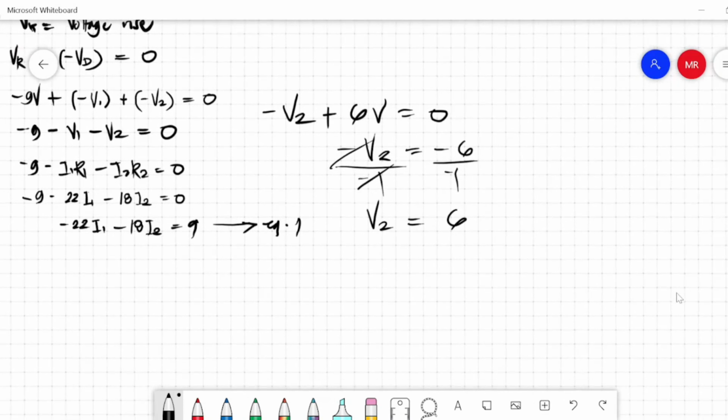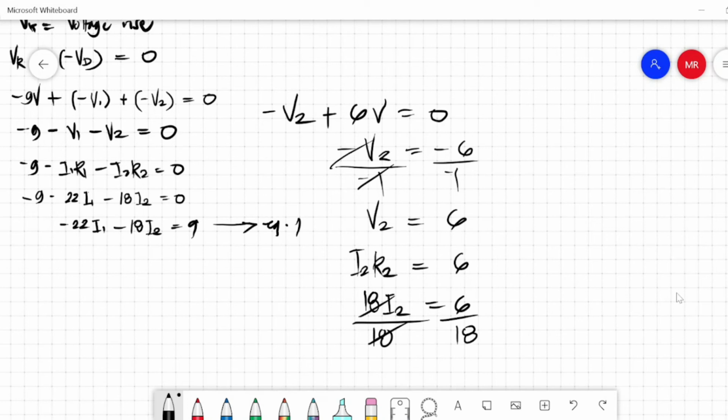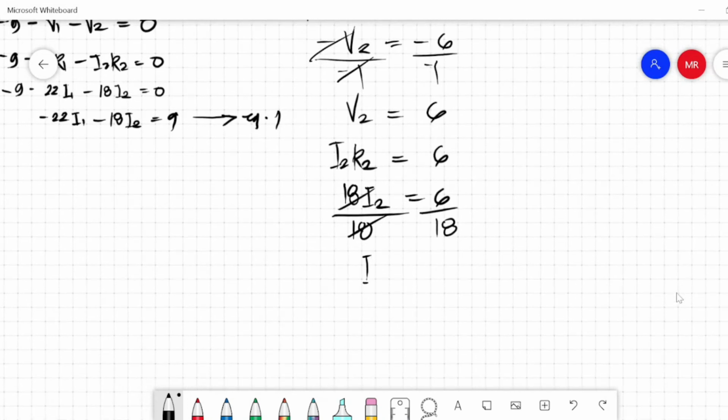But again, from Ohm's law, V2 is the product of I2 and R2, equal to 6. R2 is 18 ohms, so 18 I2 is equal to 6. From this equation, we can already get the value of I2. Divide both sides by 18, so I2 is equal to 1 over 3, or approximately 0.33 amperes.